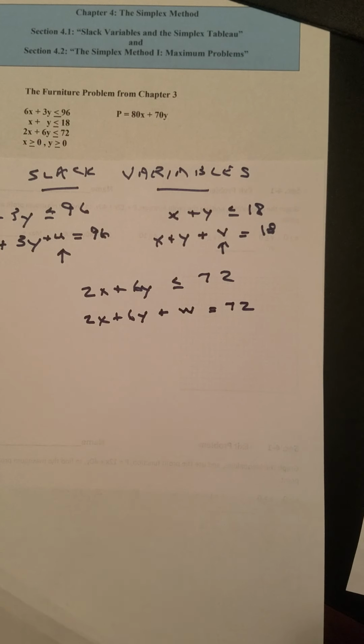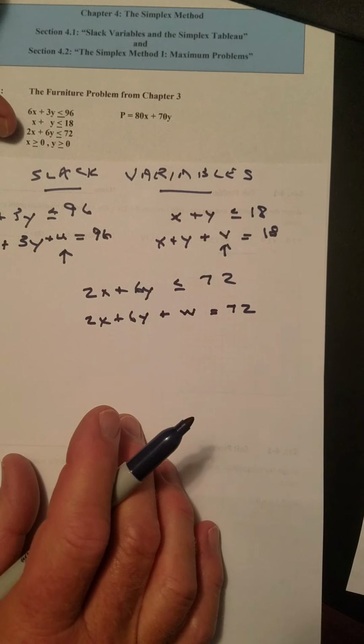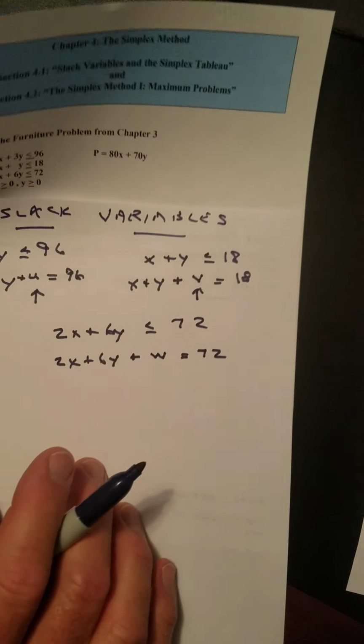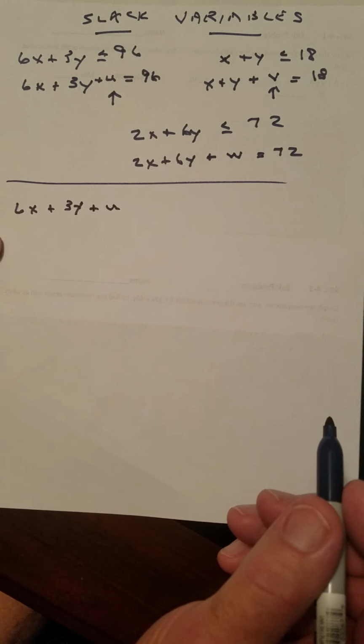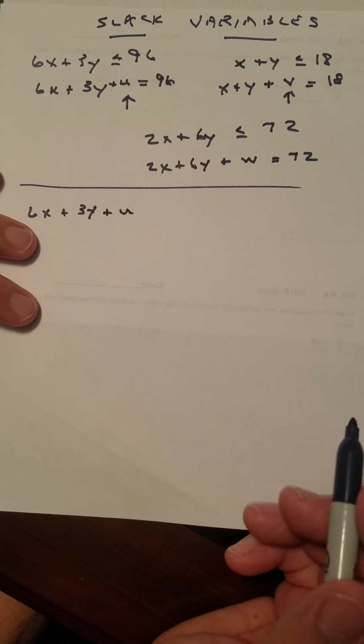Okay, so if we take those equations and think of it this way. So now using this one, I've got 6x plus 3y, just kind of hang with me a minute, plus u. This will make sense what I'm doing here in a little bit.